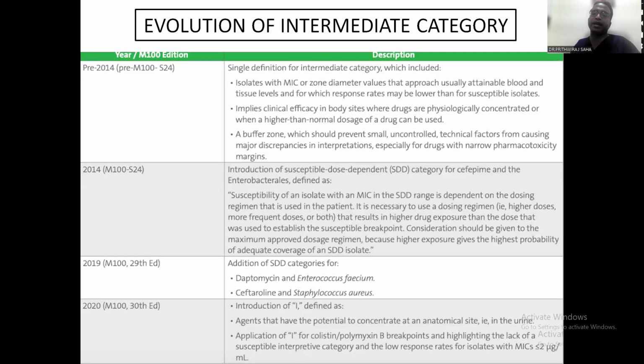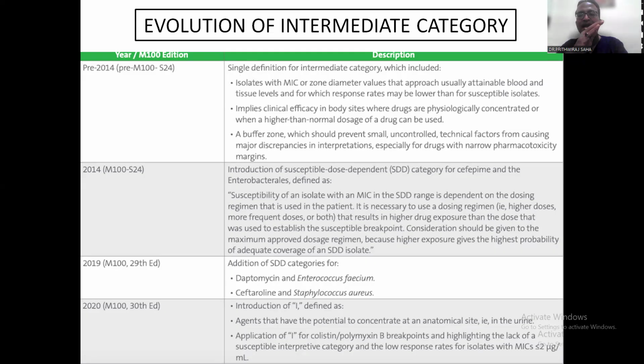So the intermediate category is defined as an isolate with an MIC in between the susceptible category and the resistant category. That means we have a breakpoint, below which it's susceptible, above which it's resistant. So for some drugs, there is a mid zone.